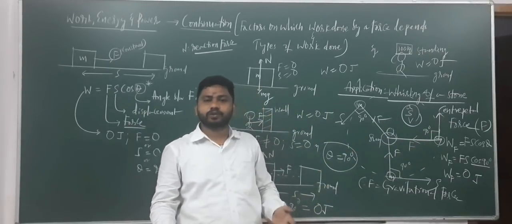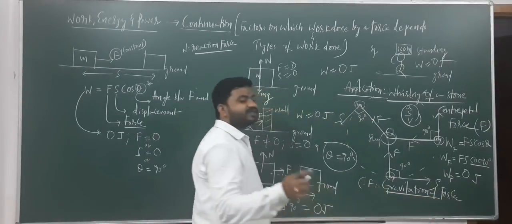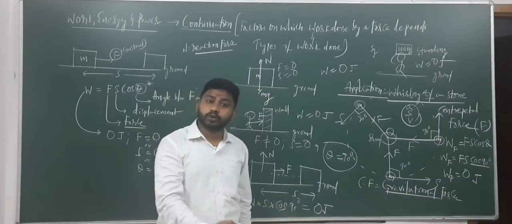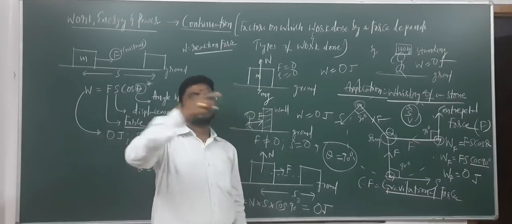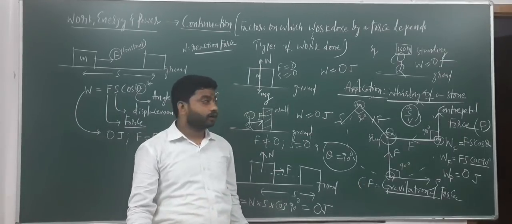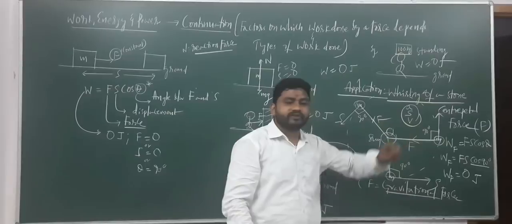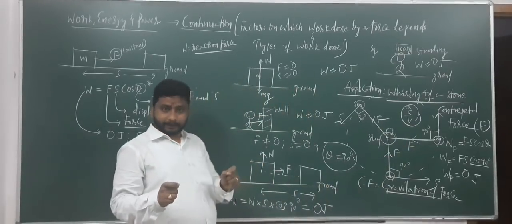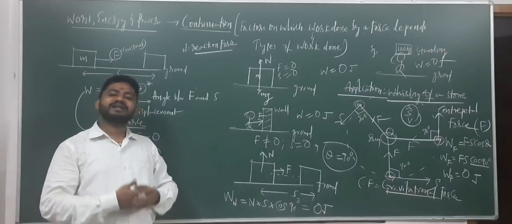So that's the reason I told you work done by the gravitational force is equal to 0. In which case? In the case where the planet is revolving around the sun. Whereas in this application called whirling of a stone, work done by the centripetal force will be 0.